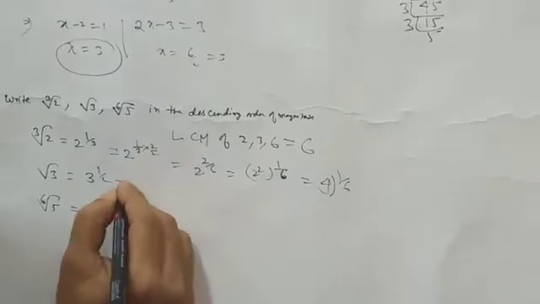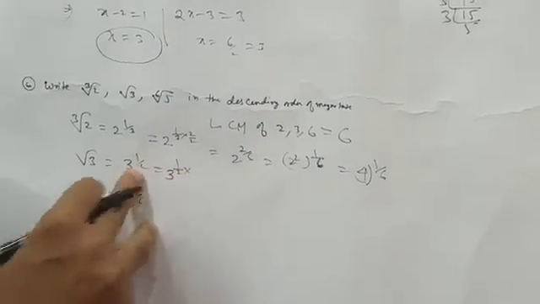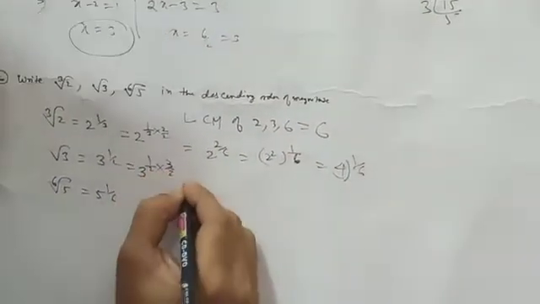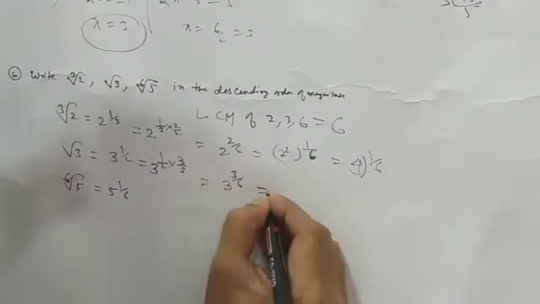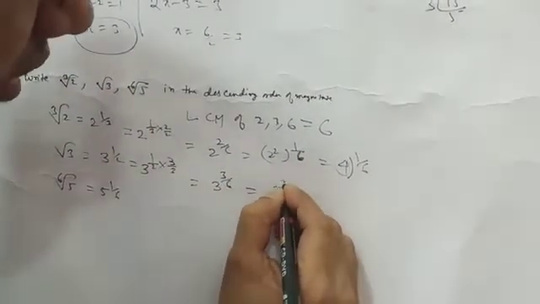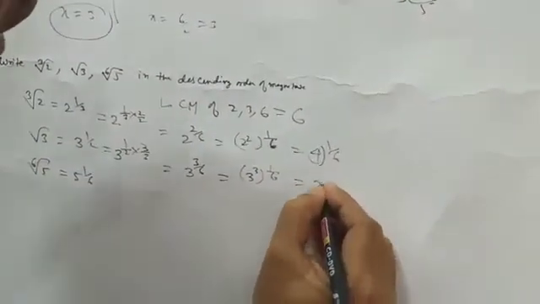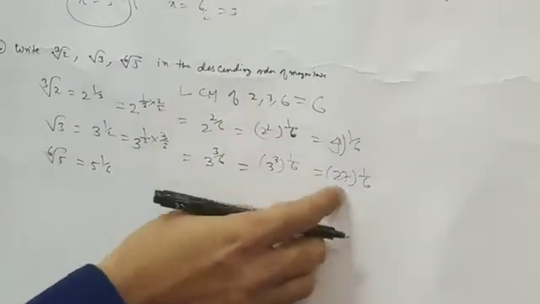Over here the same thing, 3 to the power 1 by 2. Now we want denominator 6. 2 threes are 6. So we multiply, 3 by 3 is coming, 3 by 6. Again you bring the numerator inside the power form. It is coming 27 to the power 1 by 6, since 3 to the power 3 is 27.